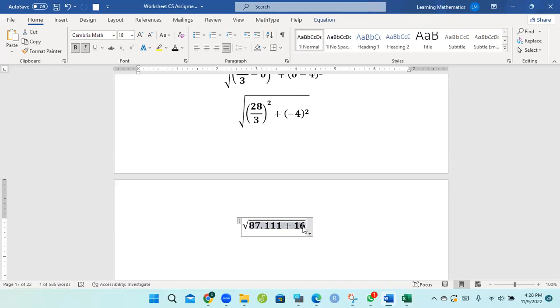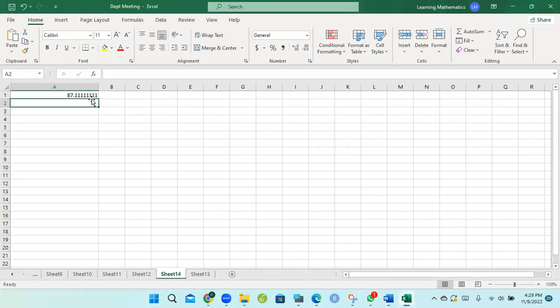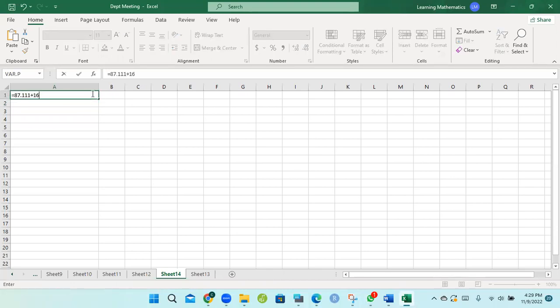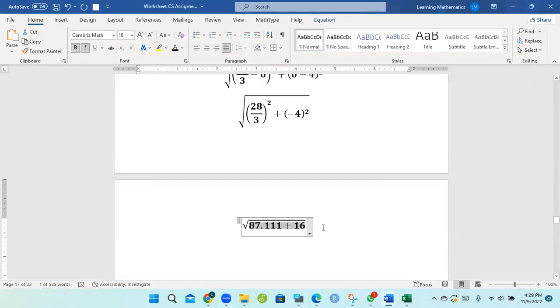So we can simply copy this and go to our calculator. Just type equal and Control V and enter. So that's 103.111. And now we have to square root 103.111.